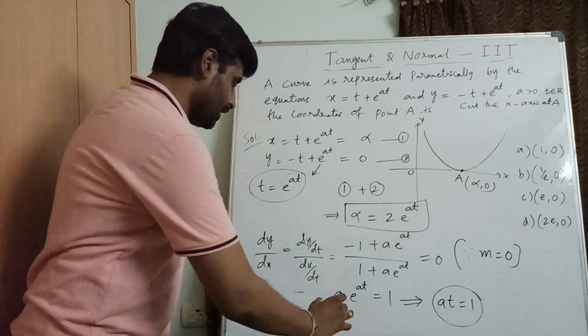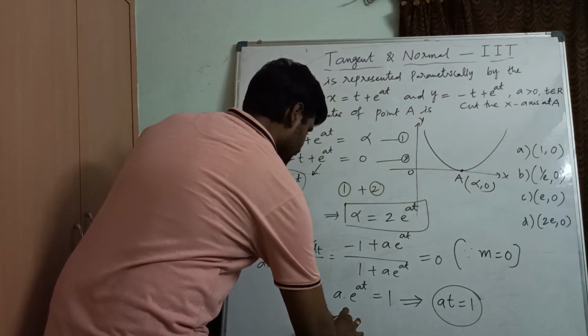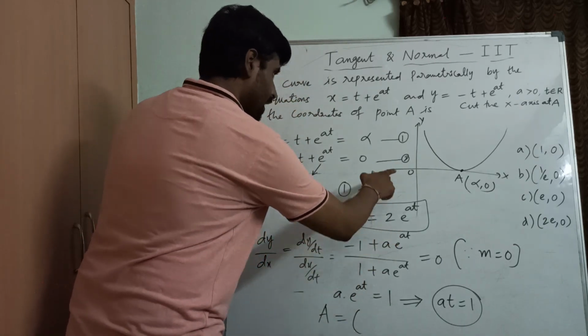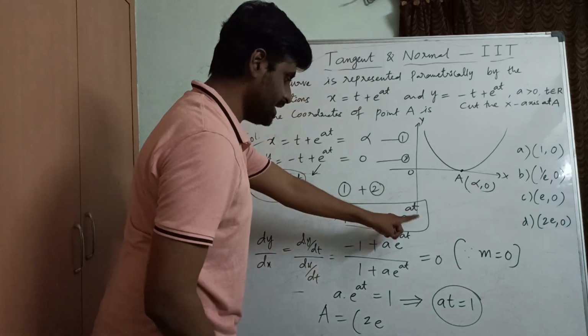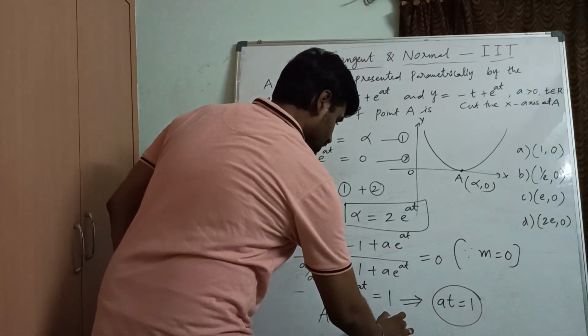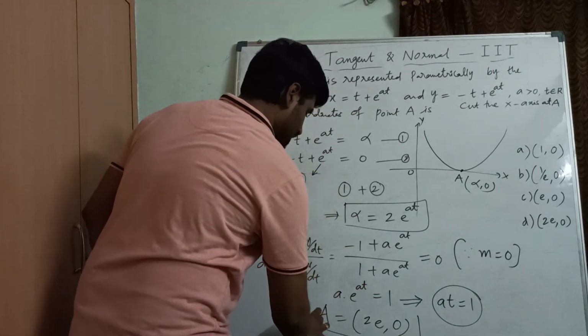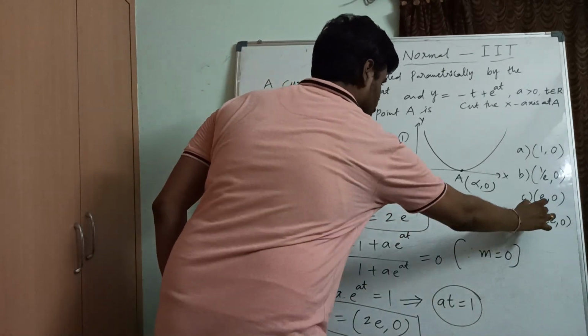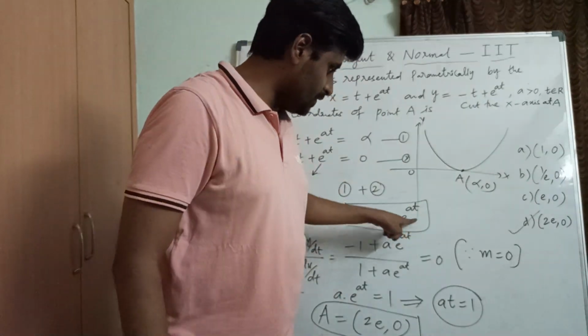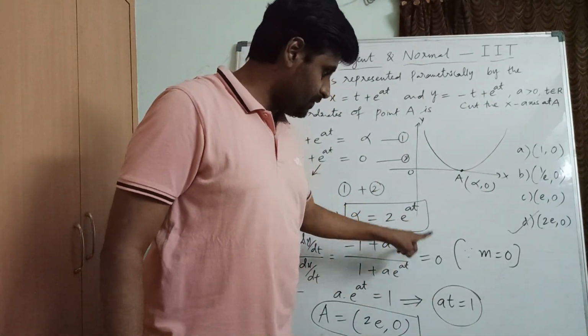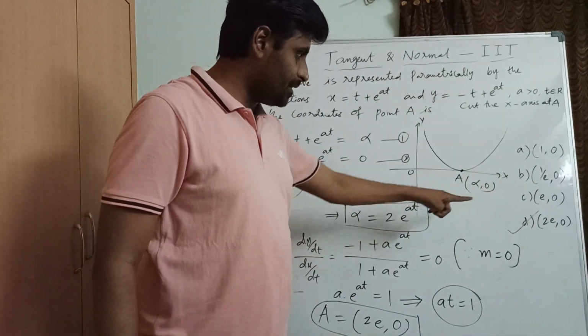Now tell me, what is the point A? A equals alpha comma 0. What is alpha? 2 into e power at, and the at value is 1. So 2e comma 0. This will be the answer. Clear? So option D is correct there.